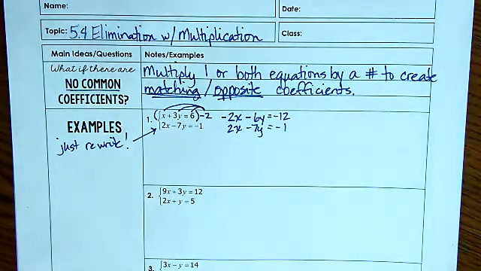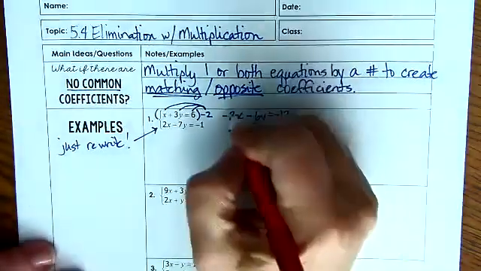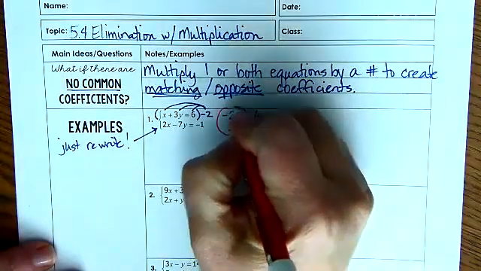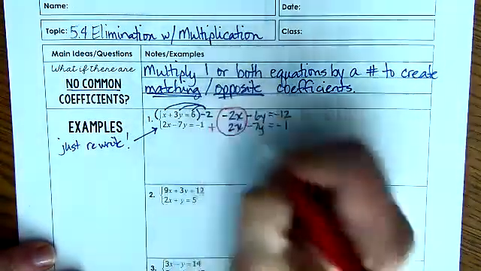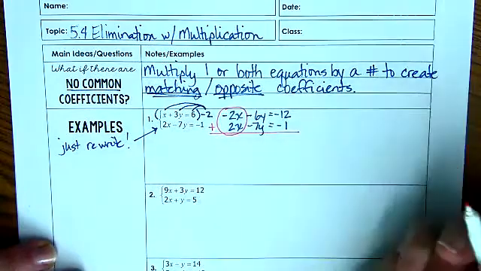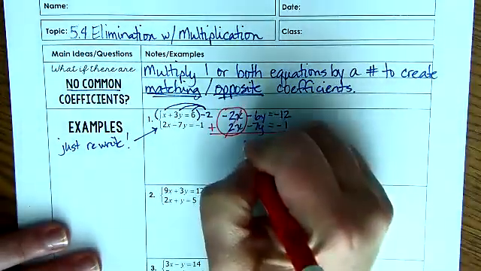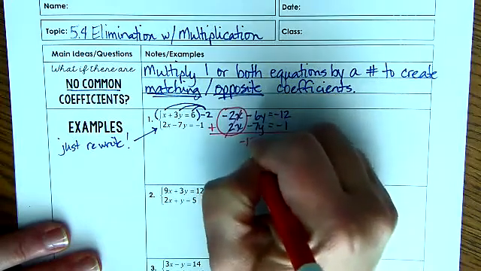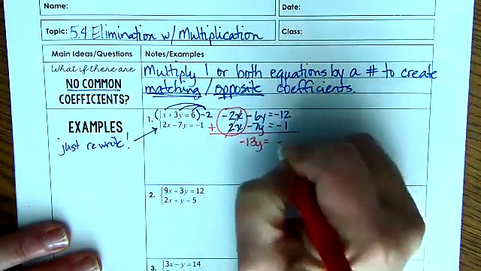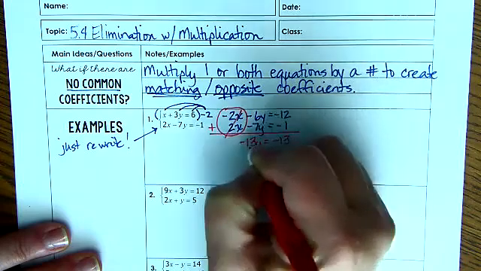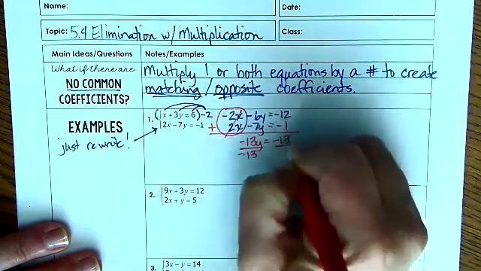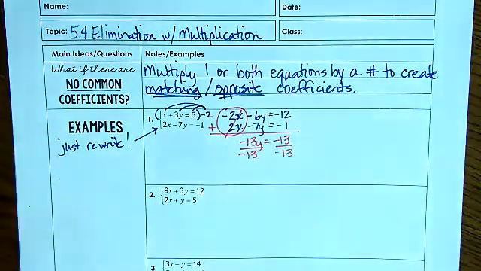If I just add the two equations together, they're going to cancel. My x's cancel and I'm left with, remember I'm adding, -13y equals -13. Divide by -13.